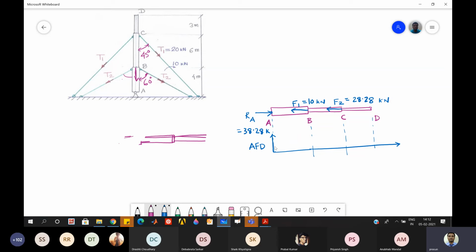Now can you tell me, if I take the section C and D, to find the axial force, what generally we do is take a cut section here and see the free body of either the left side part or the right side part. If you see, the right side part or the left side part will look like this.